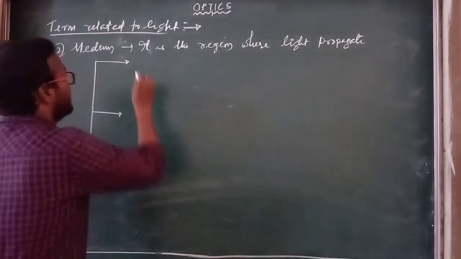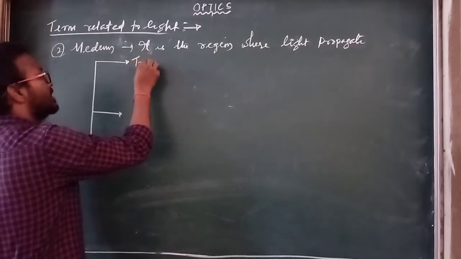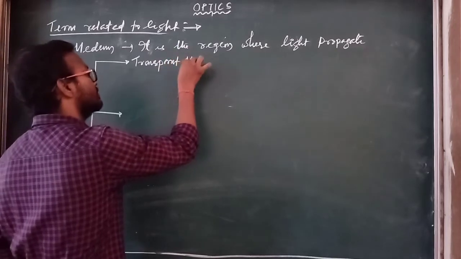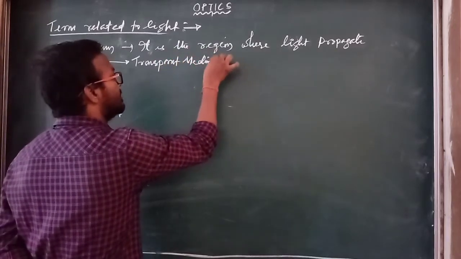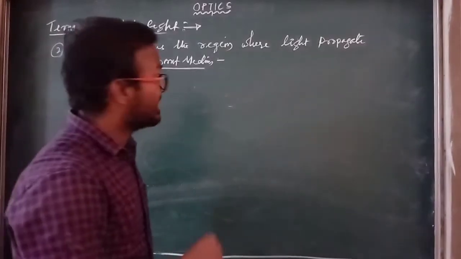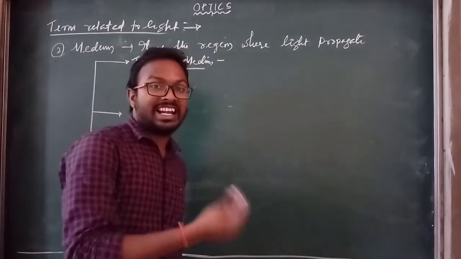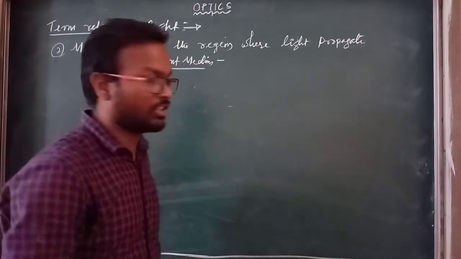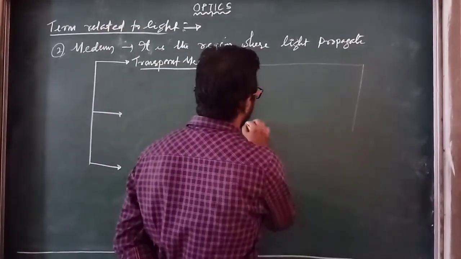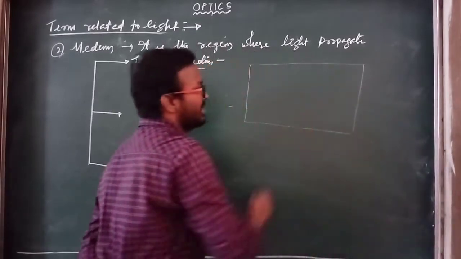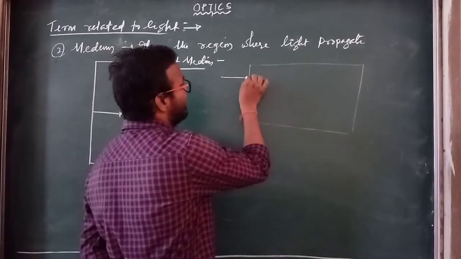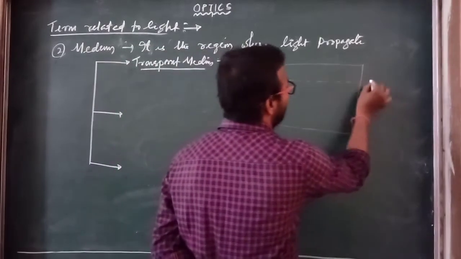The first part is known as transparent medium. That means the medium which allows light to pass through this region. Suppose there is a medium, say air or glass. If we incident light in this direction, then light propagates in that direction.